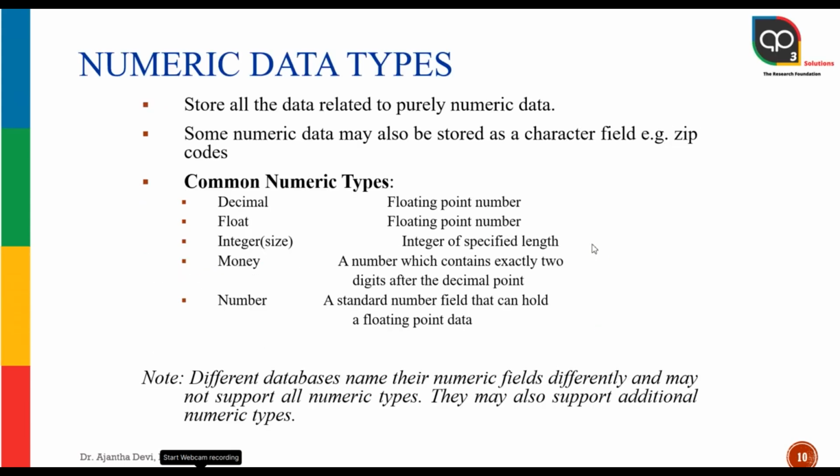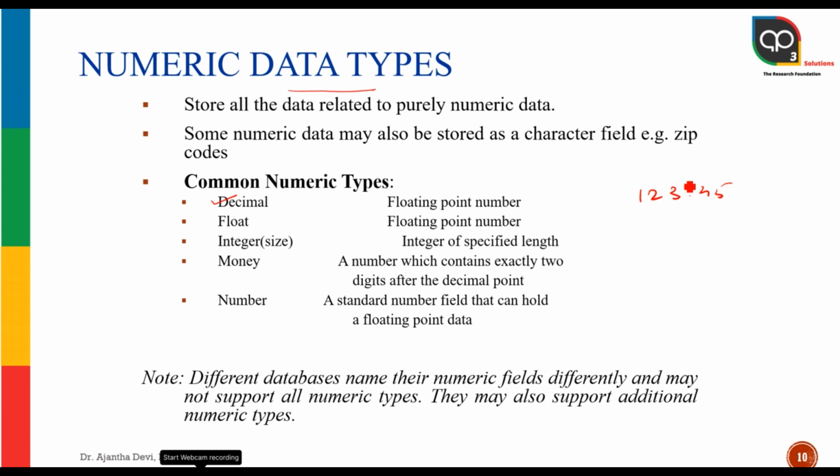And next, let me explore numeric data types, essential for storing quantities, prices, IDs and more. And dear friends, SQL supports various numeric types. Here are the most common ones. Decimal is used for fixed point numbers, like if I specify 123.45.